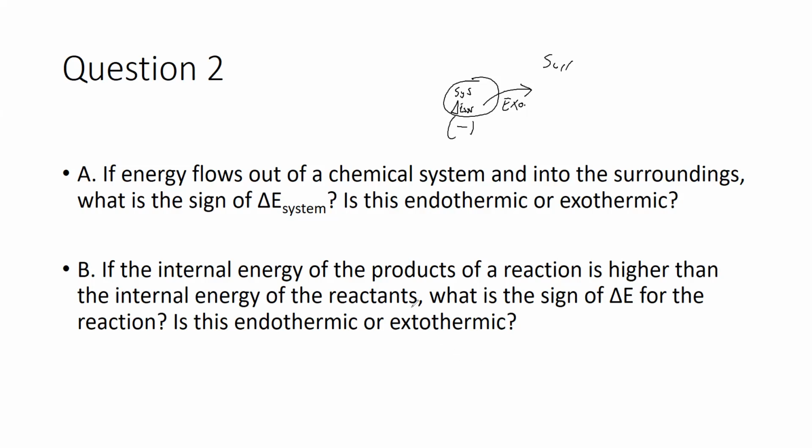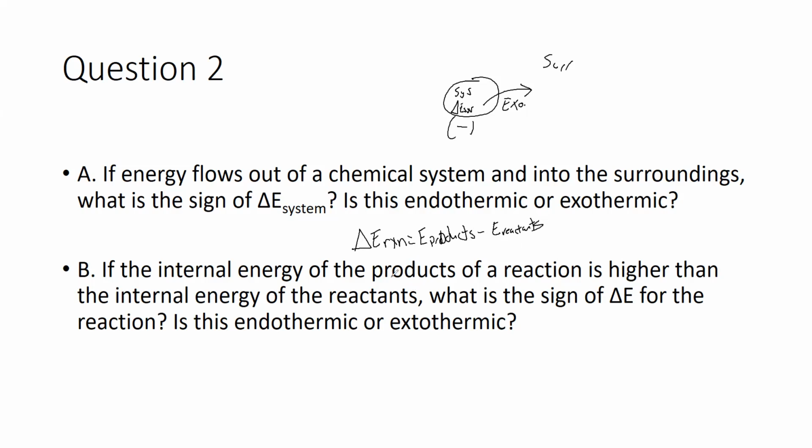So B, the internal energy of our products of a reaction is higher than the energy of the reactants. So let's remember our equation. For delta E of a reaction, it is the energy of the products minus the energy of the reactants. And to help, I'm just going to put some fake numbers here.